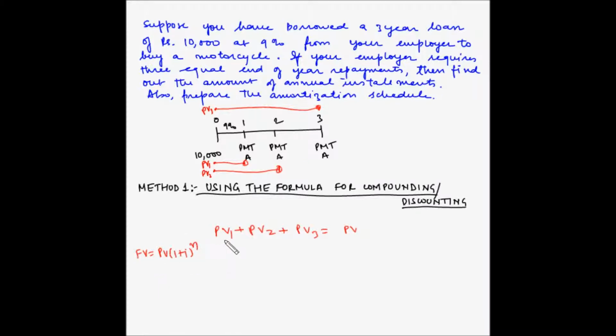So our PV1 becomes FV divided by 1 plus I to the power n, and FV is nothing but payment. Similarly PV2 is payment divided by 1 plus I to the power n, and so on.